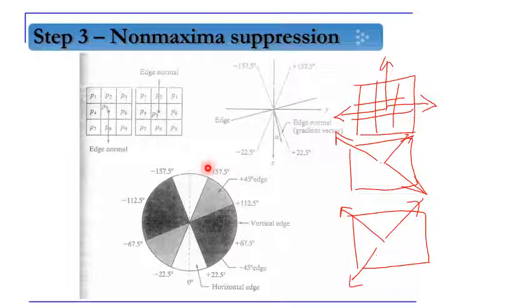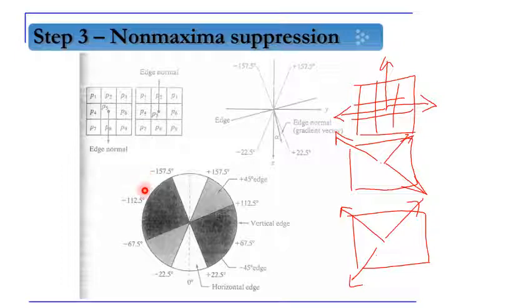Similarly, if the alpha is present in this region, the gray one, it will represent a plus 45 degrees edge. This is the actual edge direction, okay? And these are the values of alphas for edge normals. Remember this point always.